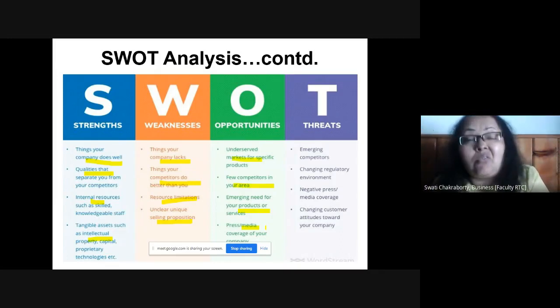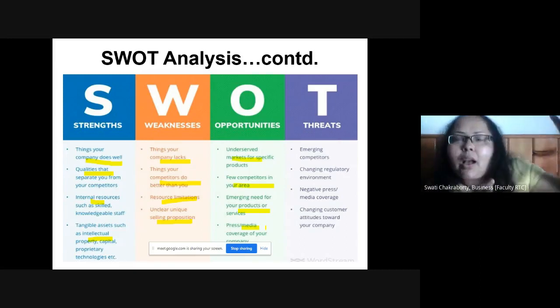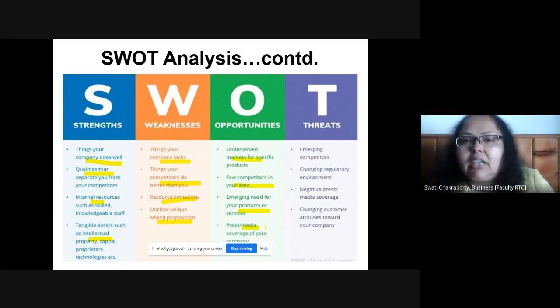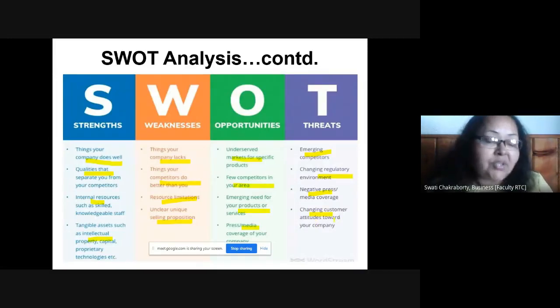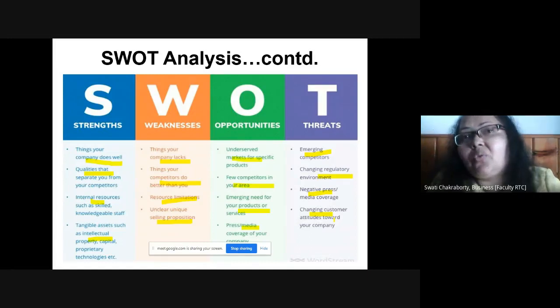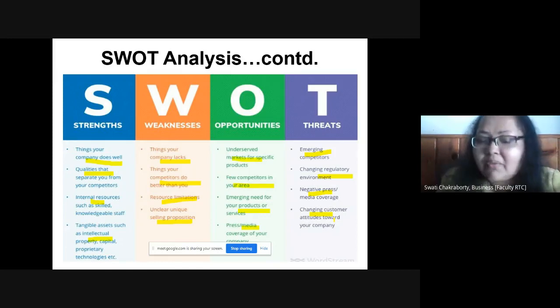Media plays a big role, they either pull you up or pull you down. And threats come up when new competitors arrive, when there's a change in regulation, or when you get negative press coverage. People start blaming, and sometimes customers' attitude towards your company starts changing. It can happen for various reasons. Could be you're responsible, could be the media, could be better products coming up.